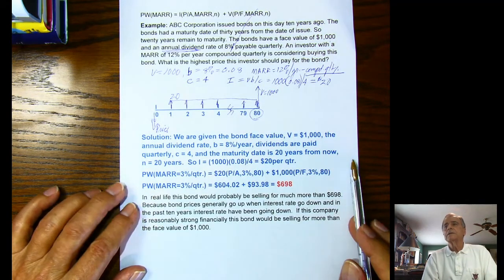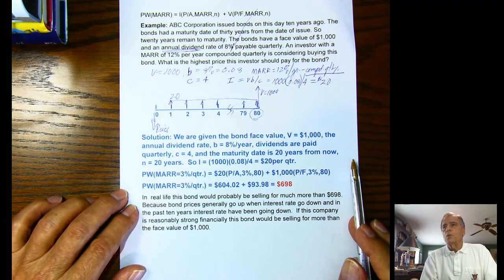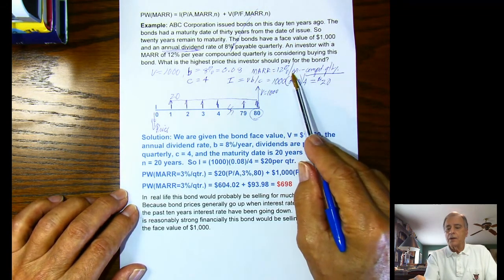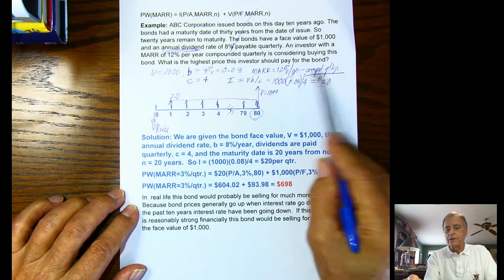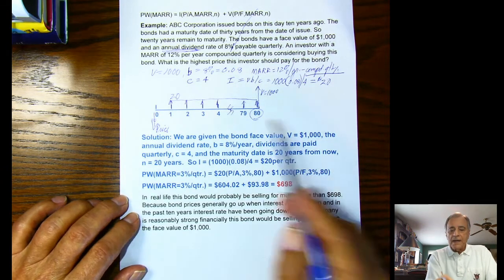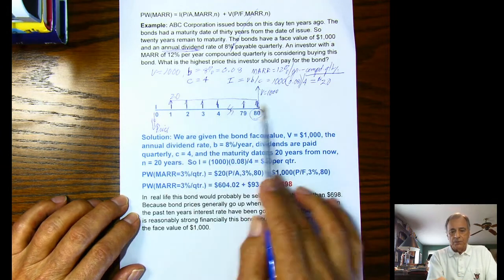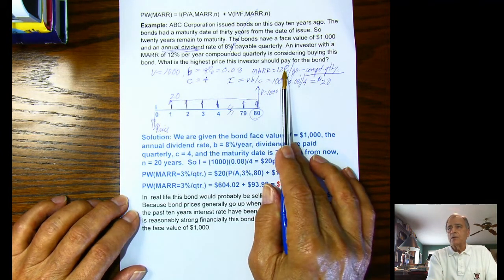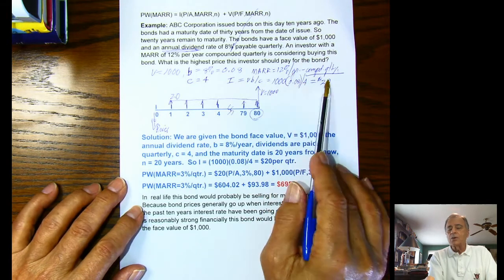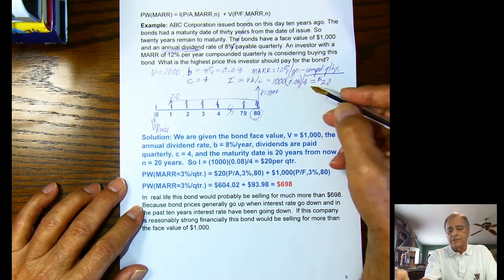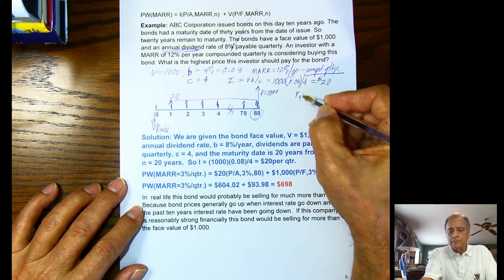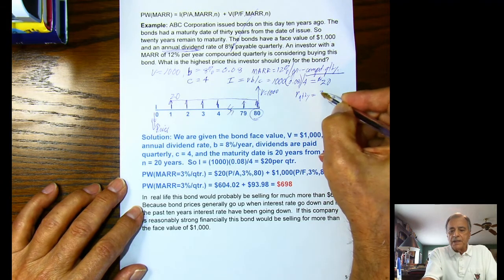Question is, what should I pay for it if I want to earn 12% per year compounded quarterly? So I have to find the present value of that cash flow at that interest rate. Well, 12% compounded quarterly turns out to give you your nominal quarterly rate, R quarterly, is 3%, right?